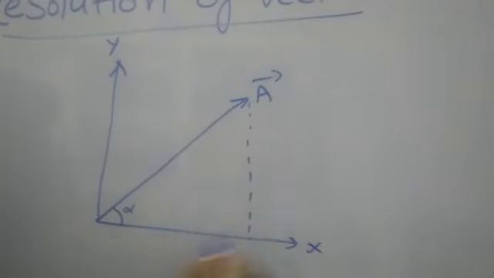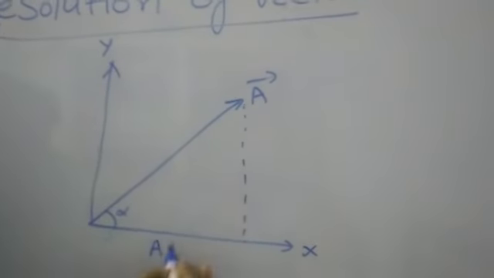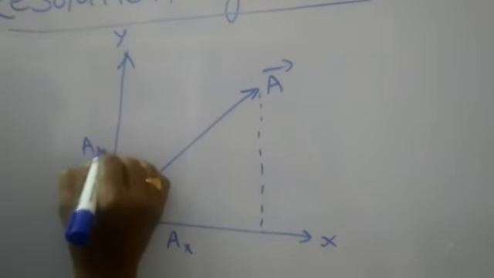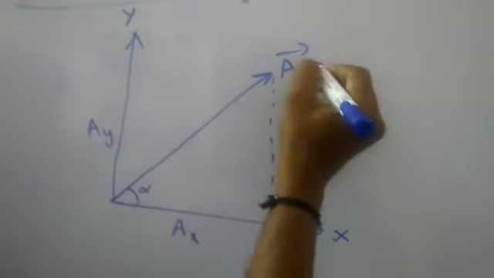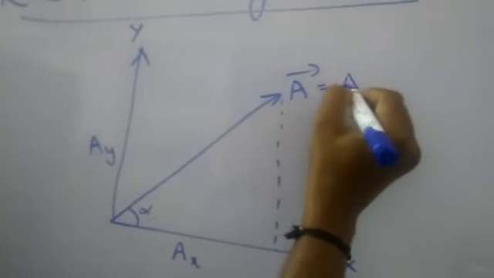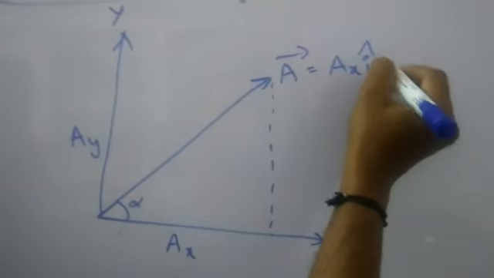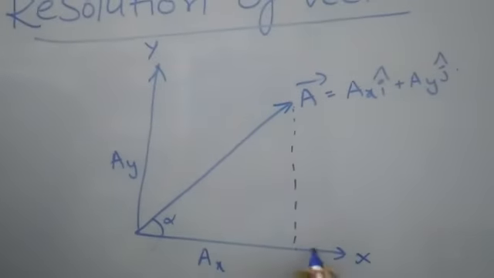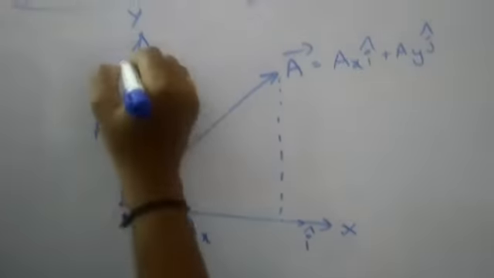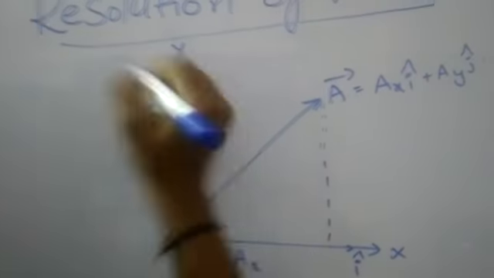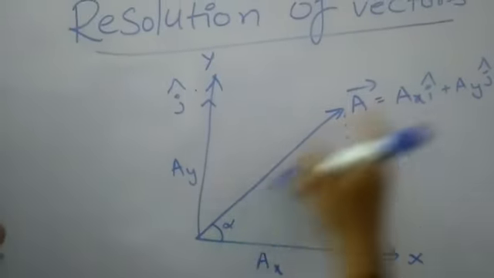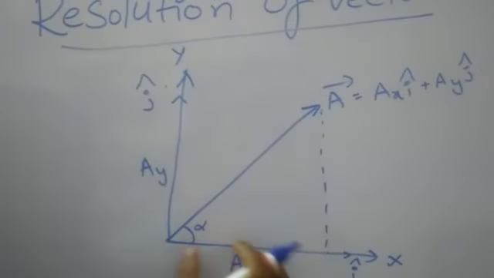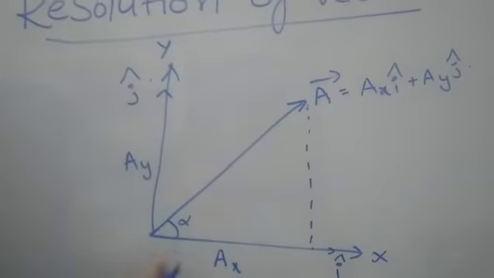The components along x direction is ax, along y direction is ay. Here the resultant vector is equal to ax i cap plus ay j cap, where i is a unit vector along x direction and j is a unit vector along y direction. When we add these two components, we get the resultant again.